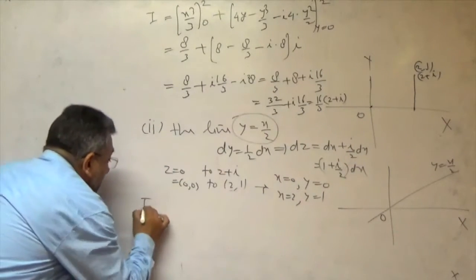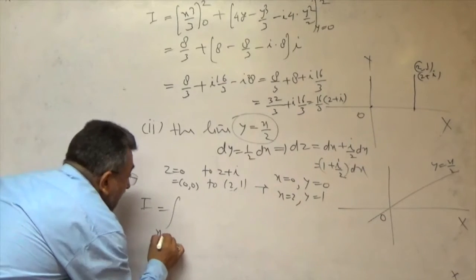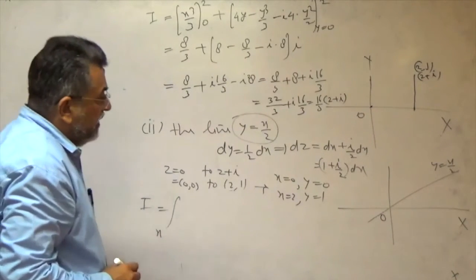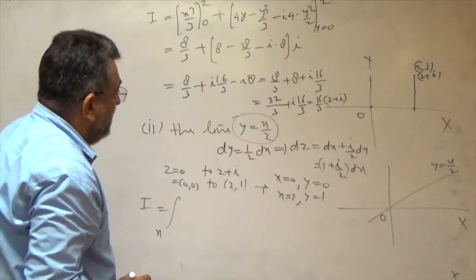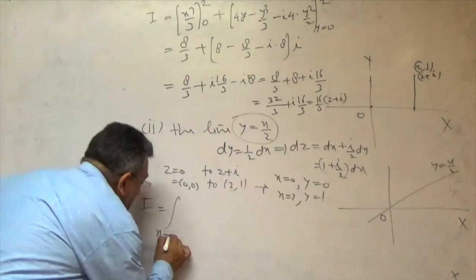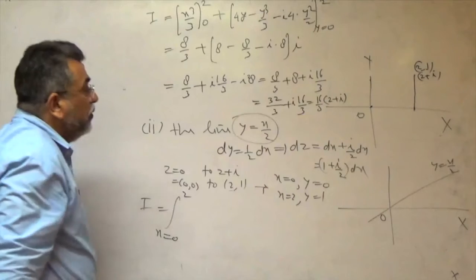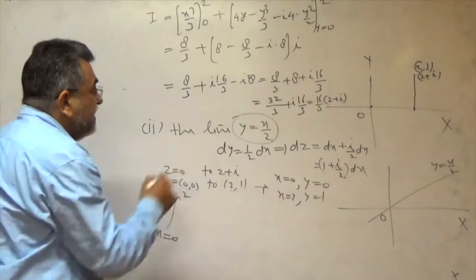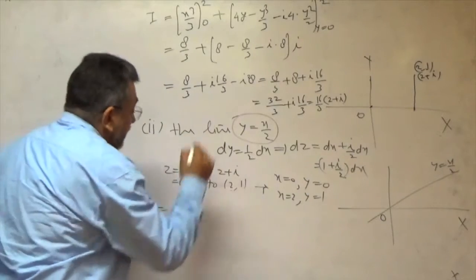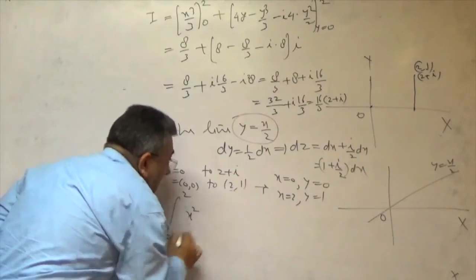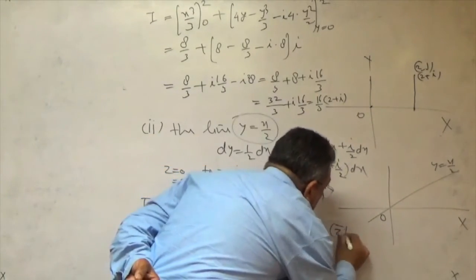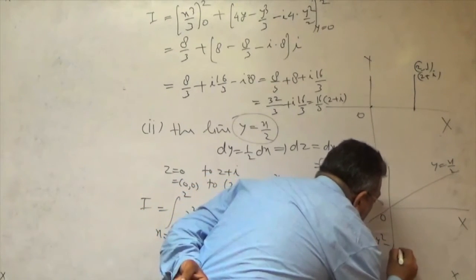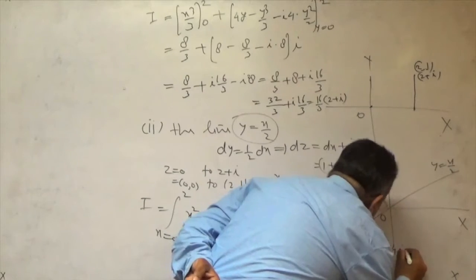Then this integral becomes the integral with x equal to 0 to 2, and we open z bar square, that is x square minus y square minus 2i xy.